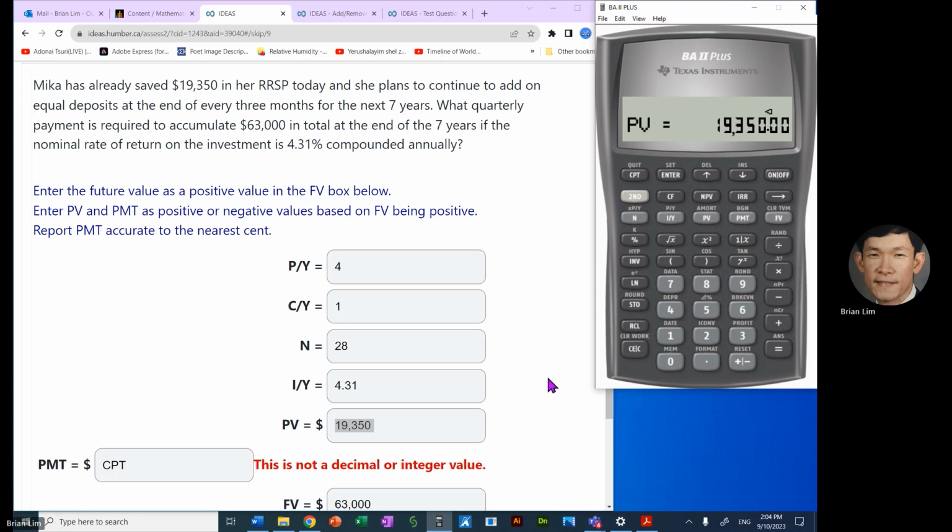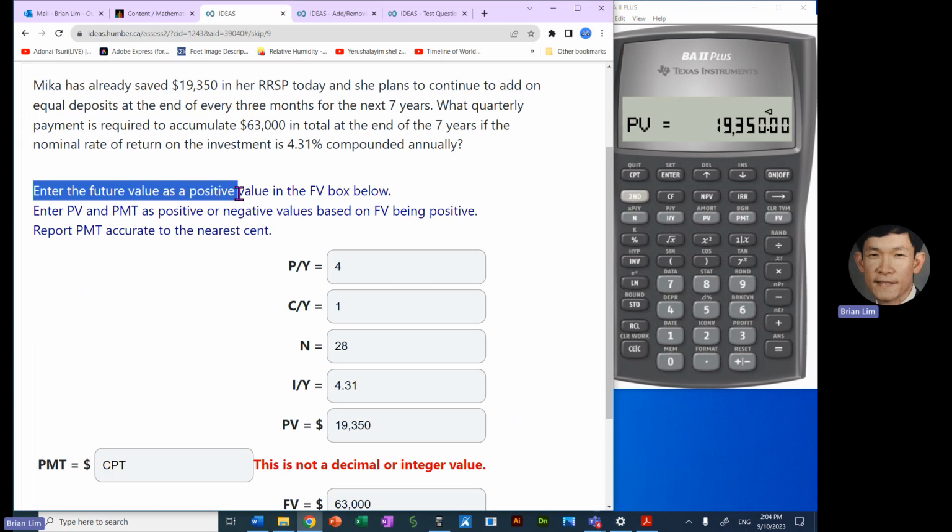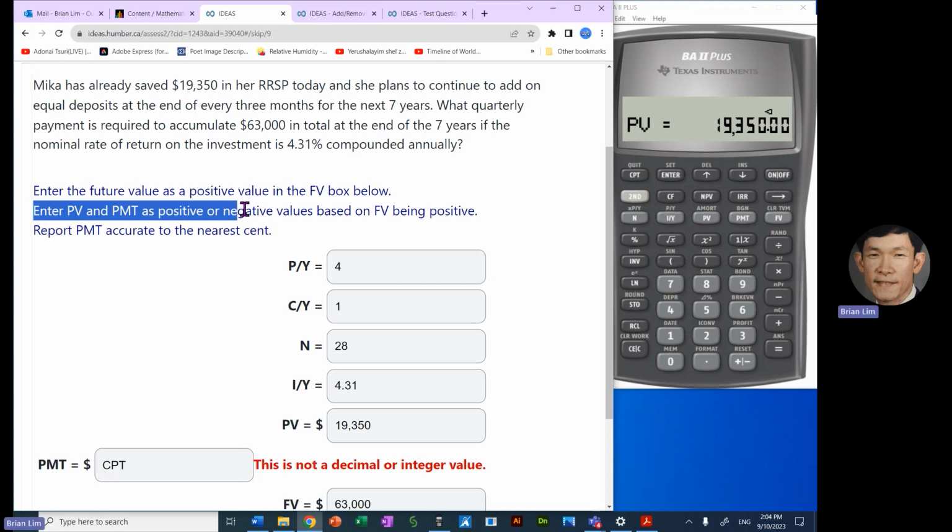Now, before we go further, we should read some instructions here. It says if the future value is positive, then enter present value and payment as positive or negative based on the future value being positive.